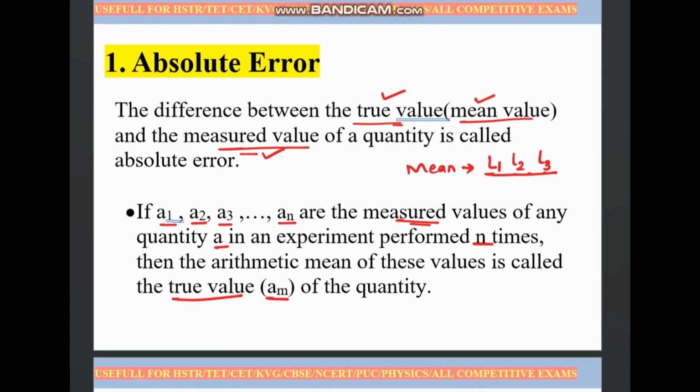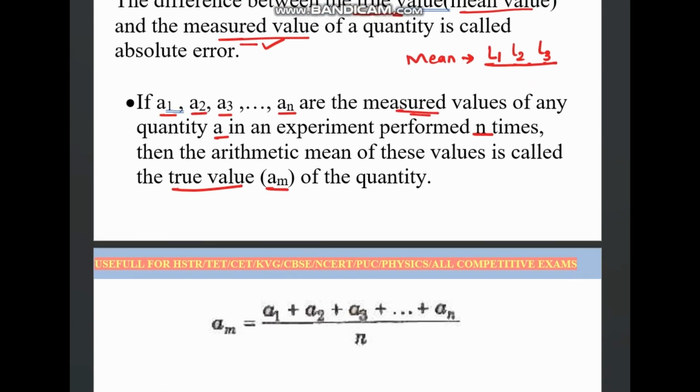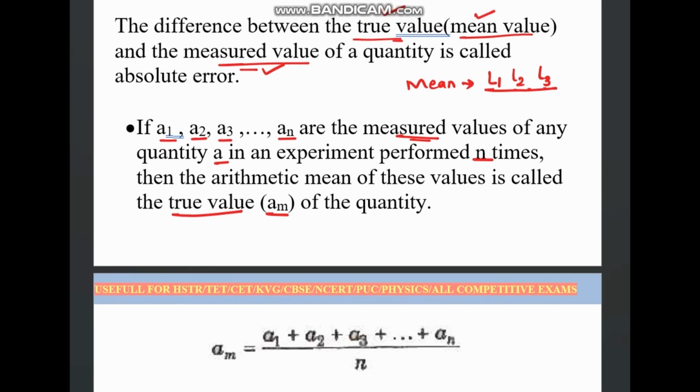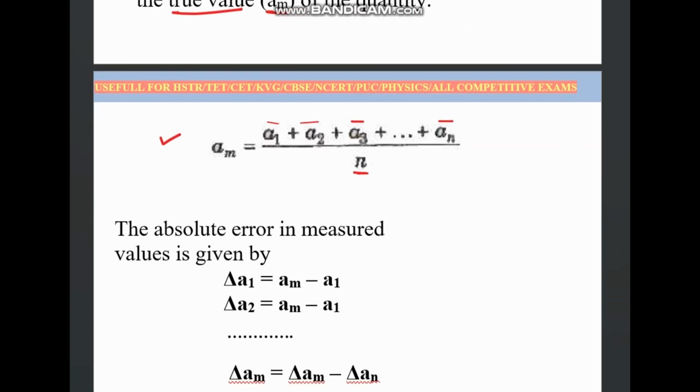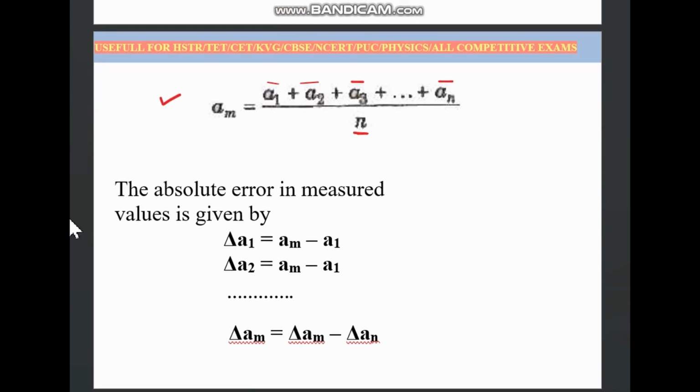I will take one example for this. But before that, we will see the formula of absolute error. The mean Am is equal to A1 plus A2 plus A3 plus so on up to An, the nth observation, divided by n, as we are going to calculate the mean. A1 is our first reading. So absolute error delta A1 is equal to Am minus A1, where Am is our mean value and A1 is our measured value.